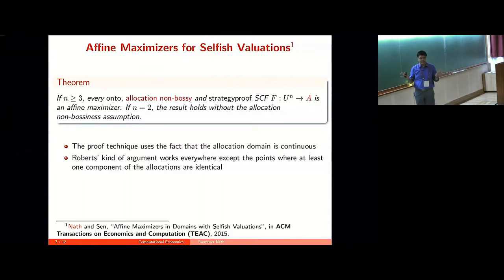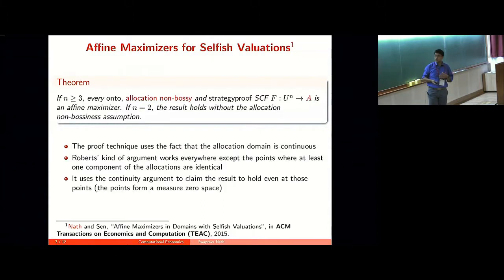For everything except those points, and we show that those points essentially form a measure 0 space, you can use the arguments of Roberts and using a continuity argument, and that's why we need the richness of this A and also this additional requirement that we can follow the same argument by continuity to hold even those points which have two components which are similar.